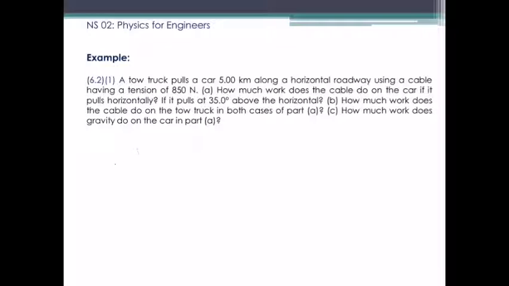Okay, so we have a car and a tow truck. Suppose we have a car here, and then we have a tow truck here.